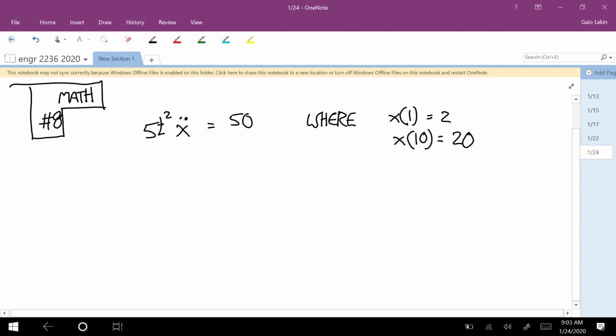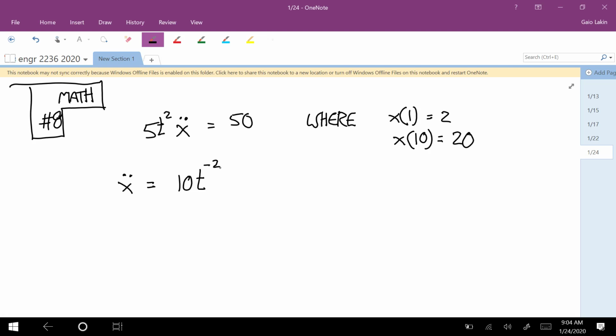We can solve this by separation of variables. So we get x double dot is equal to 10t to the negative 2.